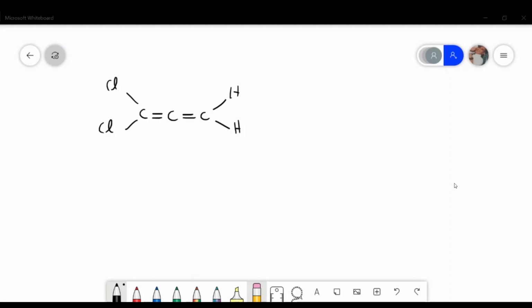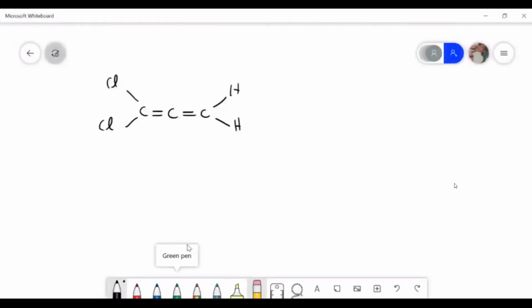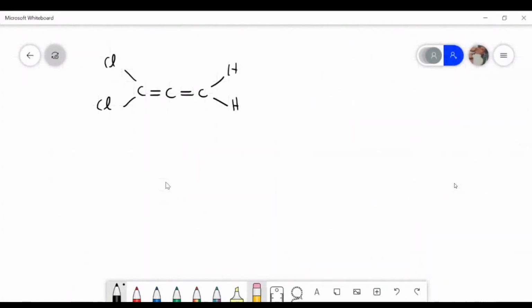The way to think about this is, if you have two consecutive double bonds, do you think they can be in the same plane? Just think about it for a second. We know that whenever there's a double bond, there's a pi electron cloud below and above the bond. So do you think they'll be in the same plane, if there are two consecutive double bonds? What do you think? Yes, exactly.